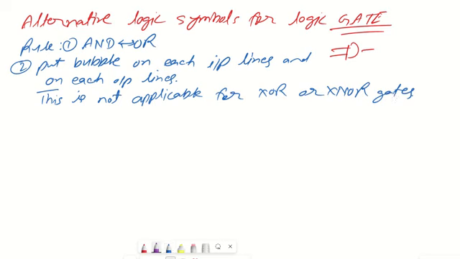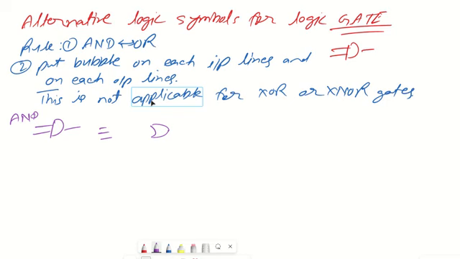Let me just give you this quickly. Let us say we have an AND gate. How can it be converted into another form? It will be equivalent to, we have to make AND become OR. So how is OR drawn? Like this. Understood? This is my OR. And we have to put a bubble on each of the input and output lines.